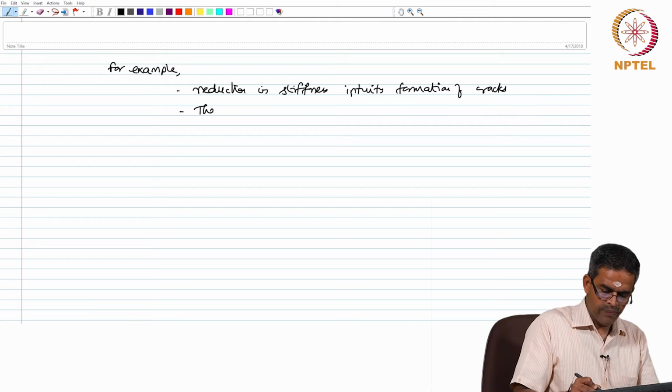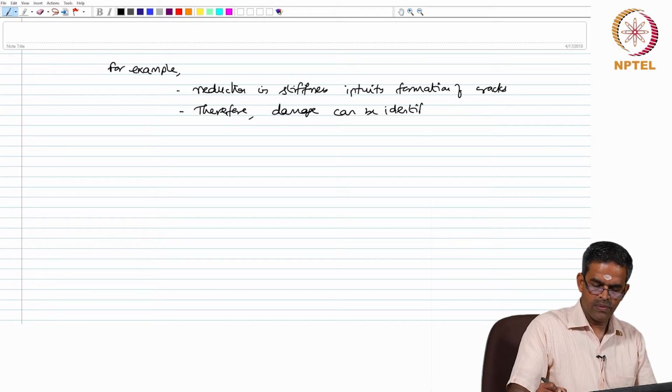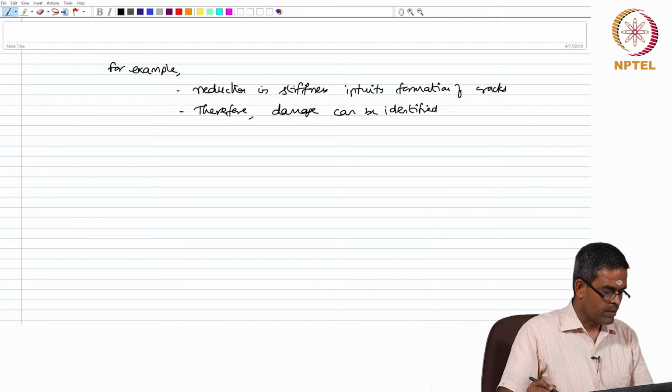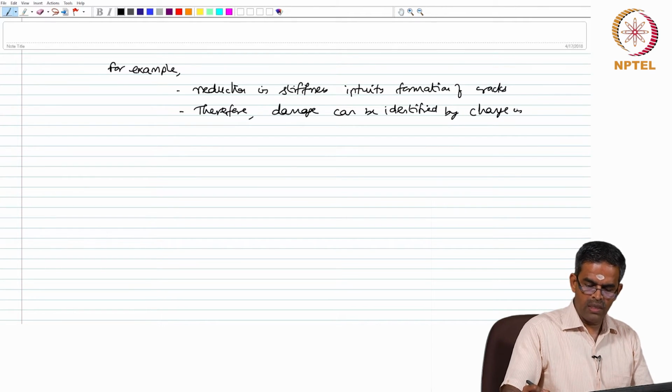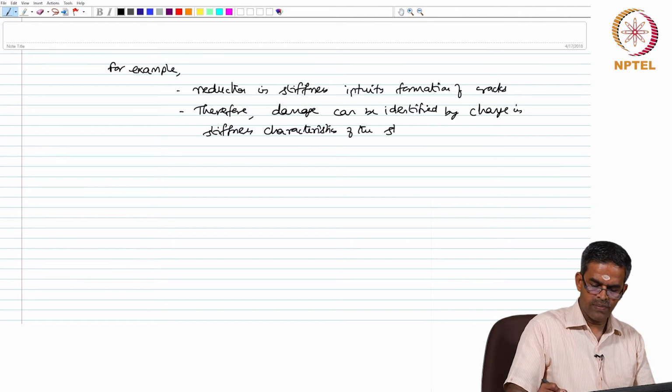Therefore, damage can be identified by change in stiffness characteristics of the structure.